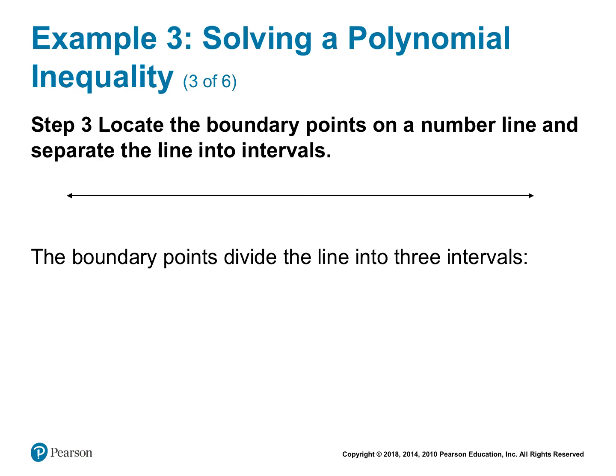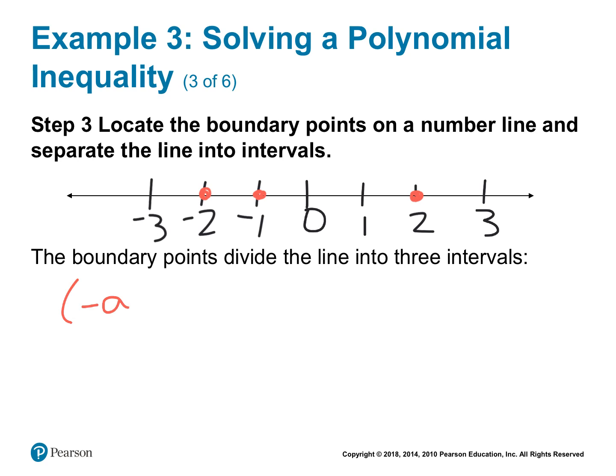So let's go ahead and plot those points. So we had negative 2, negative 1, and positive 2. So our first interval is from negative infinity up to negative 2.